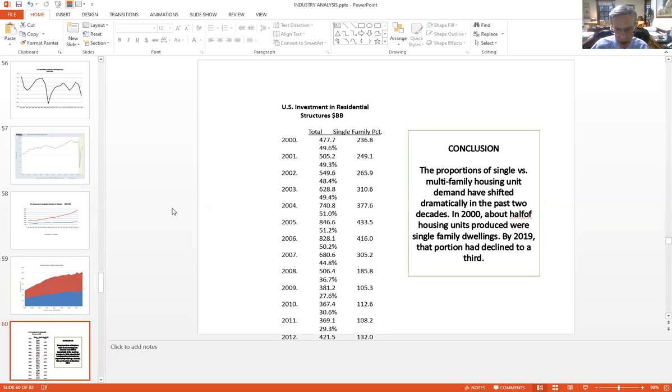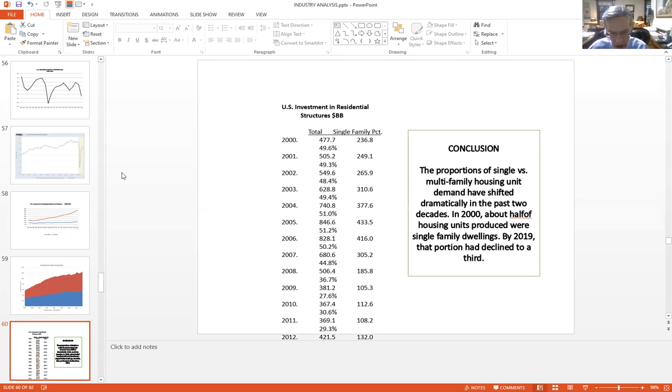Something else that we talked about, well, I guess really this is the same thing, isn't it? And that is the difference between single family and multifamily buildings, and the percentage of single family and multifamily.